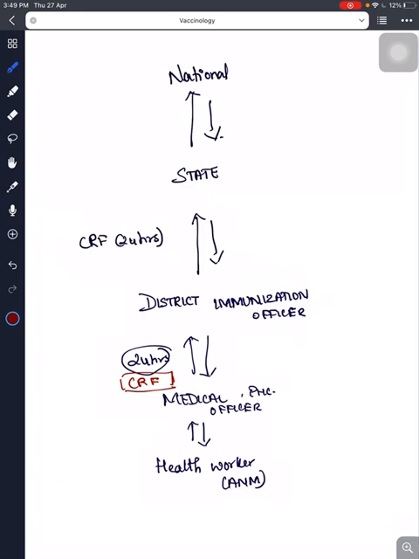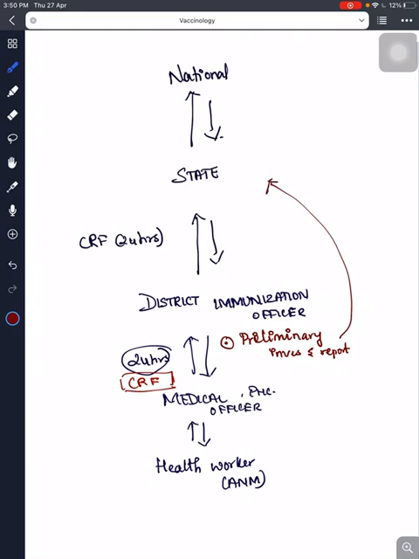Next, from the district they will go to the field to look for the type of vaccine, which person was injected, the nature of the person, whether he has any previous history of diseases, and the vaccine type and the batch number of the vaccine that was administered.